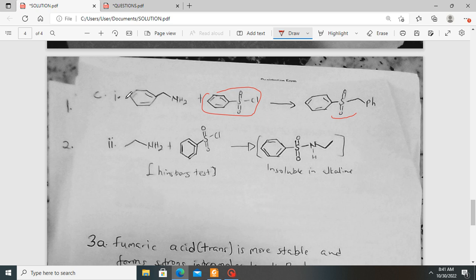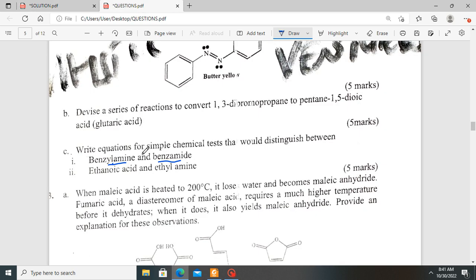So between benzylamine and benzamide, or ethanoic acid and ethylamine, the amines can be differentiated using the Hinsberg test, which involves treating the amine with benzene sulfonyl chloride, the Hinsberg reagent.